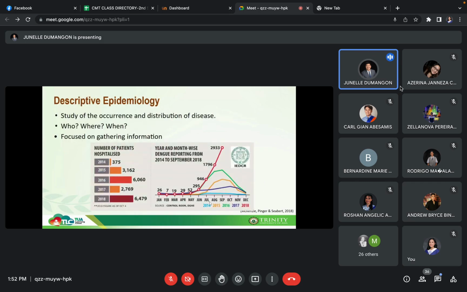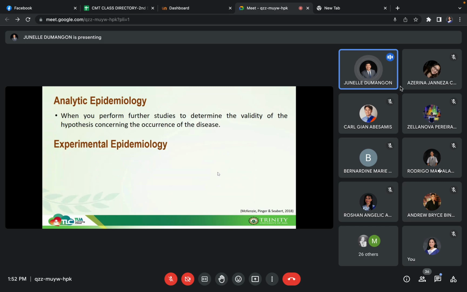We want to answer the question, why did the cases increase in August and September? Why did it happen? If you want to answer that, that's already analytic epidemiology. And based on that data, they were able to find out, guys, that children ages 8 to 16 tend to play on the lake or on the river near Barangay Tatalon.